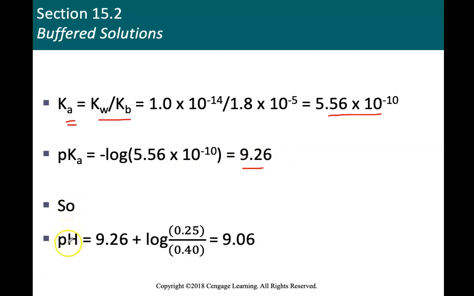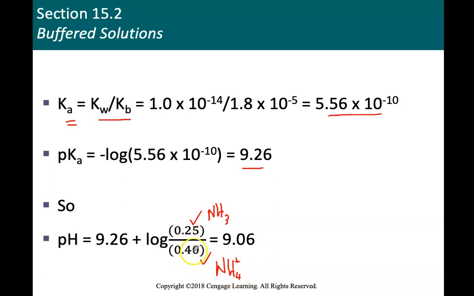To calculate the pH, pH is equal to pKa, which is 9.26, plus log of the concentration of the base versus the acid. What is the base here? It is the NH3 concentration, and this one is the concentration of NH4, which is the acid.